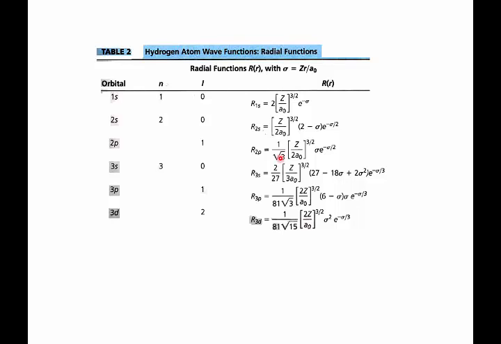The next slide shows the mathematical forms of the radial functions, the capital R function, for the different possible orbitals, the 1s, 2s, 2p orbitals, and so forth. We'll come back to this in class at a later time.